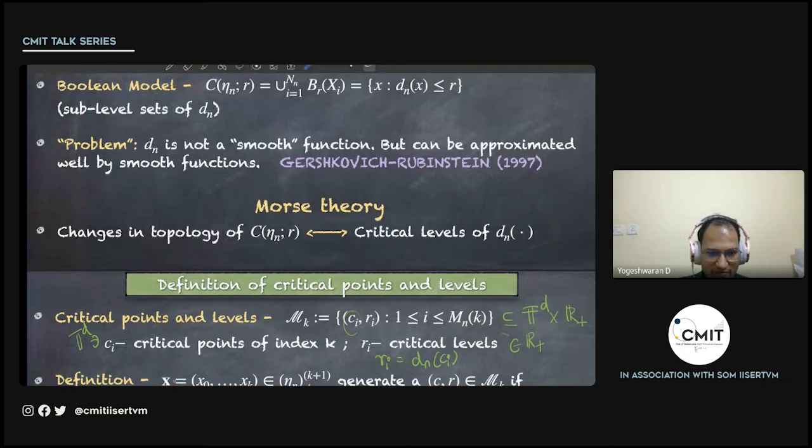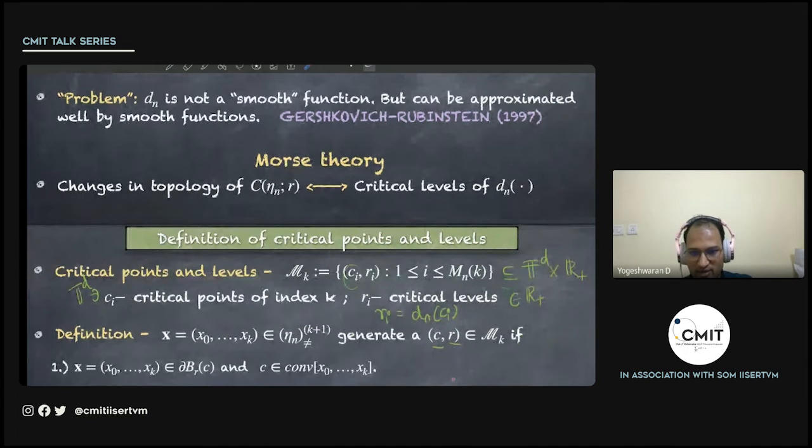I should have used capital everywhere. Excuse the typo. So a k plus 1 tuple of data points generates a critical pair if two things hold.